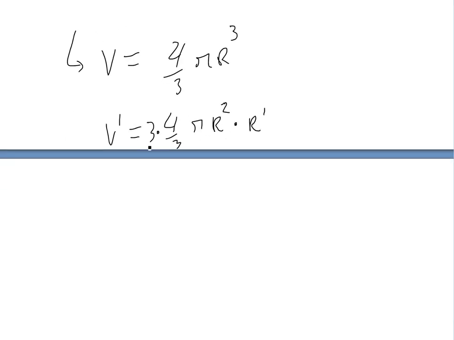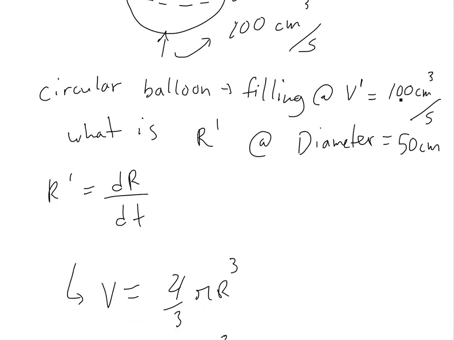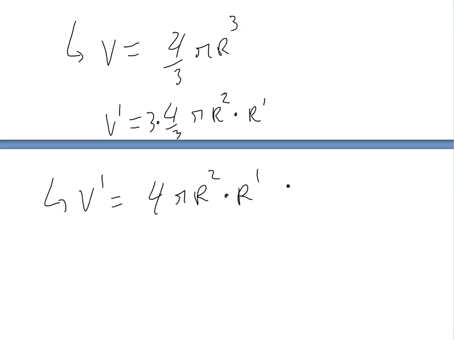Here the 3s cancel, so V prime is equal to 4 pi r squared times r prime. We know the rate at which you're filling it is constant, 100 cm cubed per second.